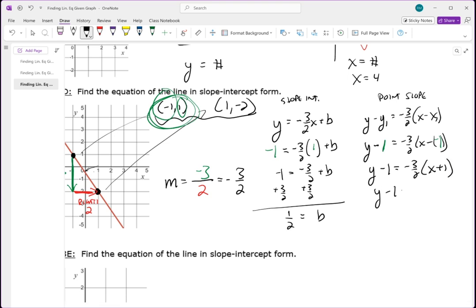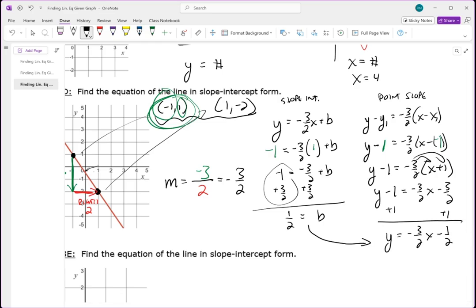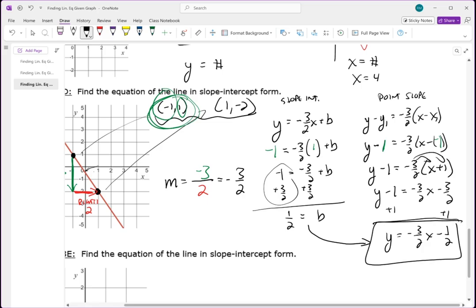I would distribute the 3/2 through. And then I would need to add 1 to both sides, which is exactly what I did over here. And I would end up with -3/2 x minus 1/2. So my final step over here would be to write my equation. And that's how we find the equation of a line given a graph.